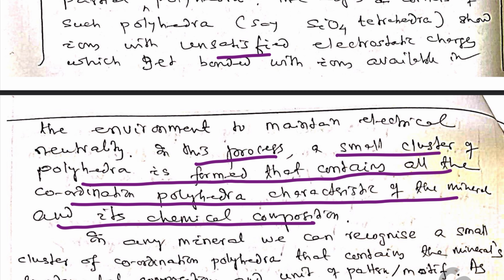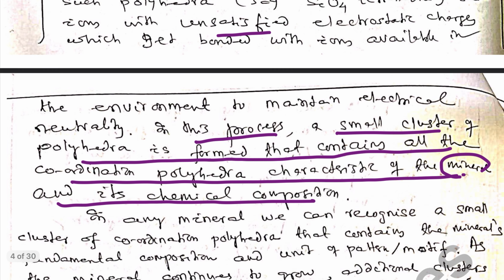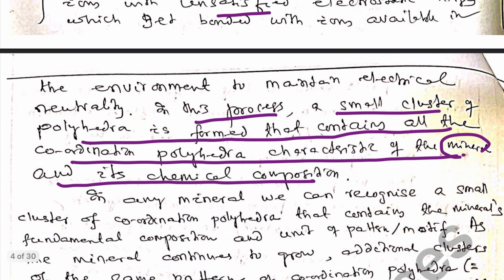So in the neutralizing process, several polyhedra come together along with other cations, so that a cluster of polyhedra develops, and that cluster conforms to the mineral character and mineral composition, and it develops a structure which is the crystal structure. So a minimum number of polyhedra must be there so that it will conform to the chemical composition of the substance.